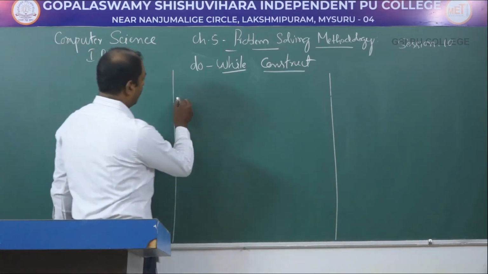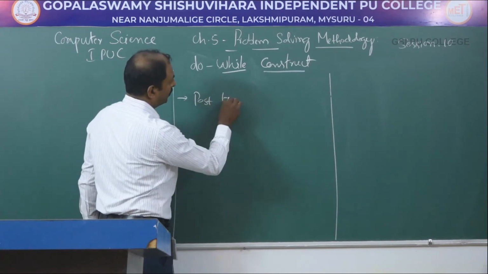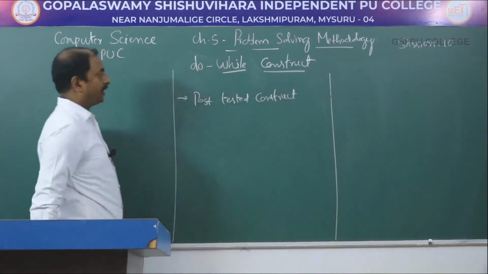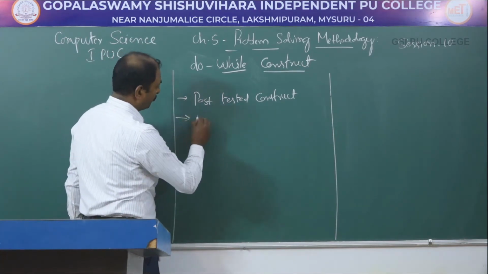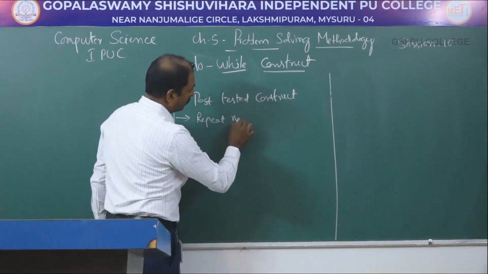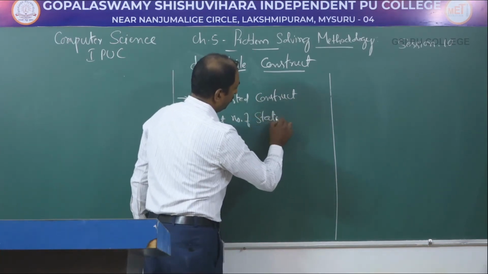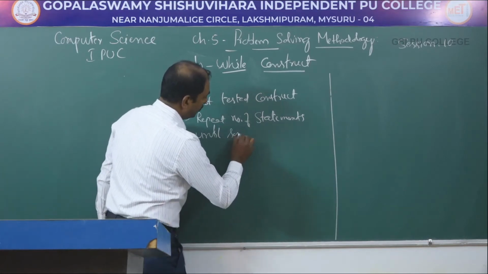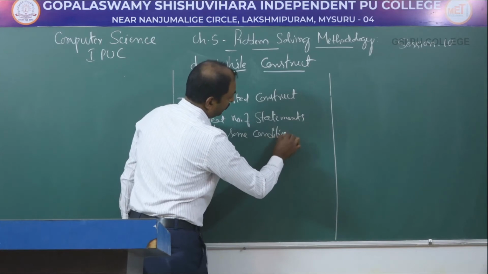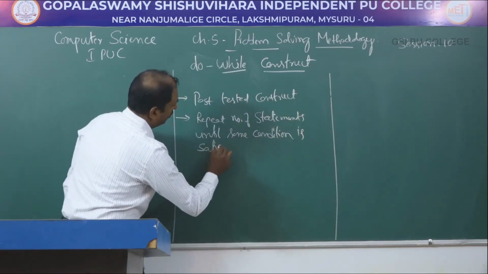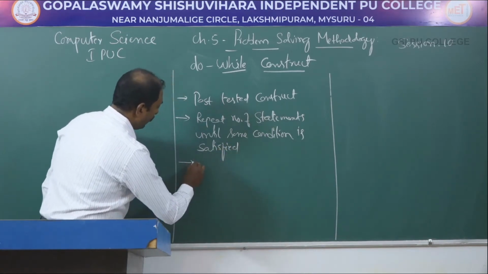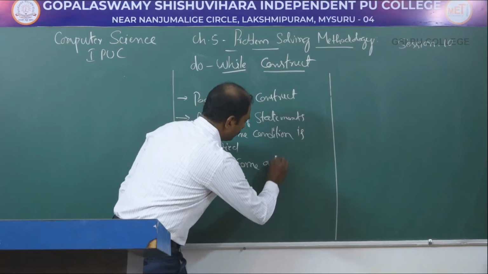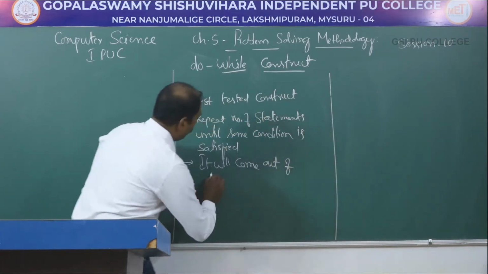Here, the do while construct is called a post-tested construct, and again it is used to repeat a number of statements until some condition is satisfied, and once the condition fails, it will come out of the do while construct.